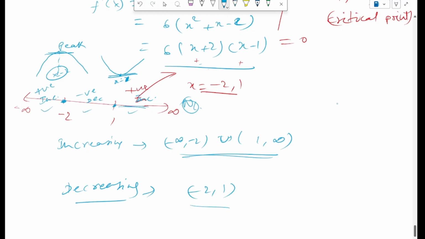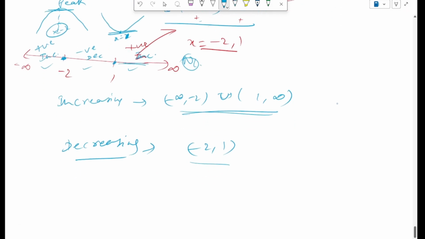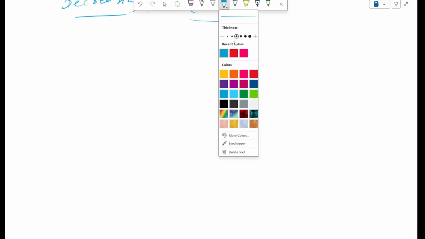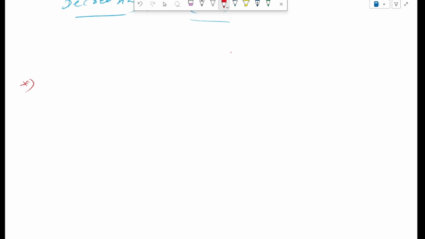All we need to do is calculate one region, and then we can interpolate and figure out whether the other regions will be positive or negative. So how can we do that? Let's see. This is another concept, and please note this. This is very important. This is called the wavy curve method.